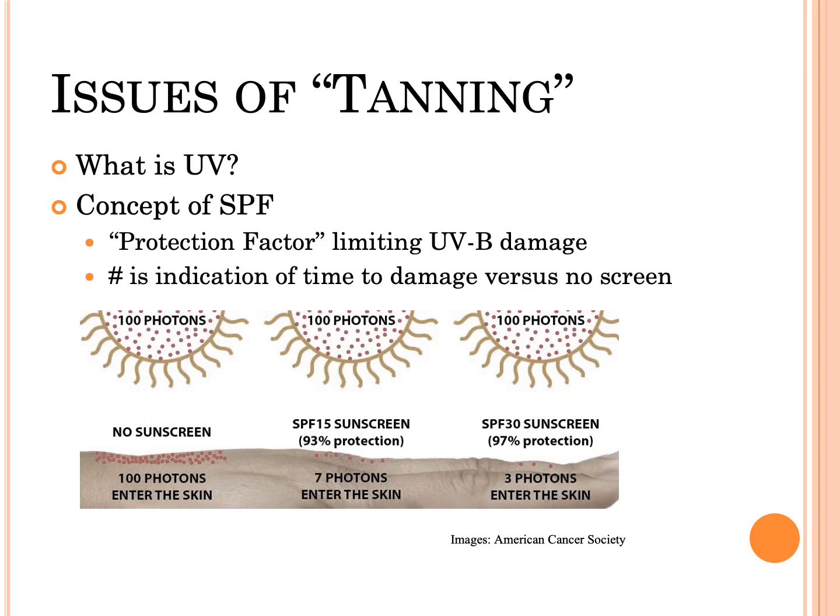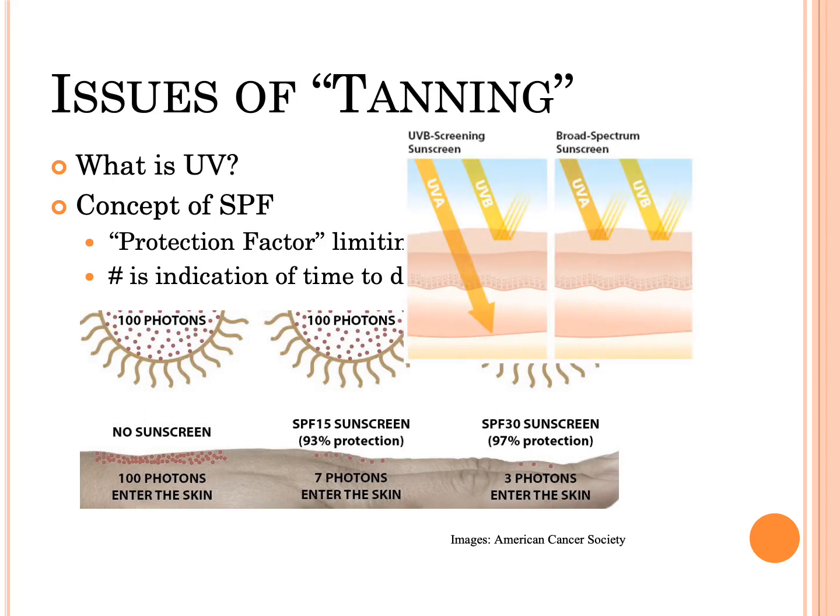And so what does this UVB, UVA protection do? Well, what it does is it reflects back some of the UV light. And so when we have UVB sunscreen, which is what the typical sunscreen that we see on the shelves at the stores happen to be, what it's doing is it's reflecting back the UVB and allowing some of the UVA to get through.